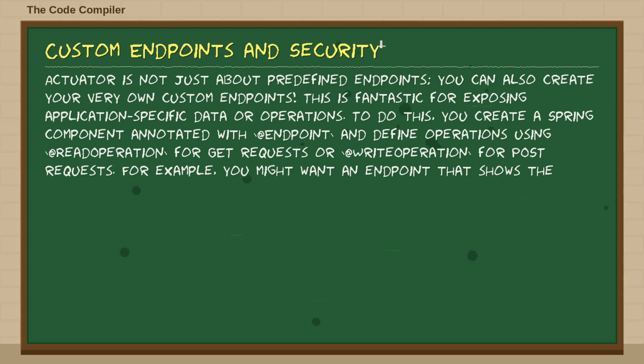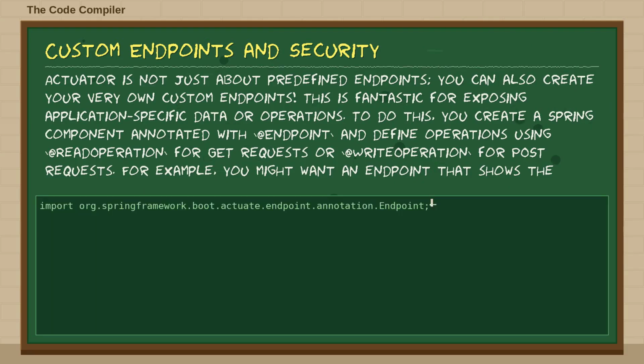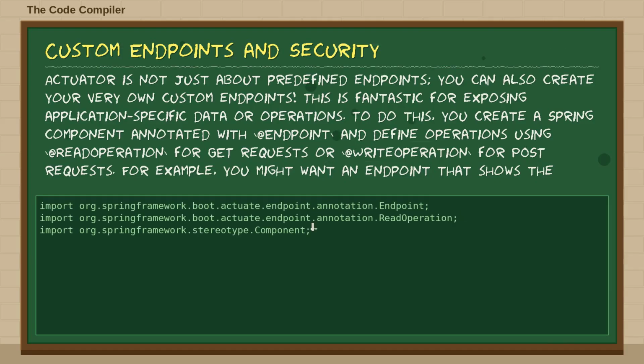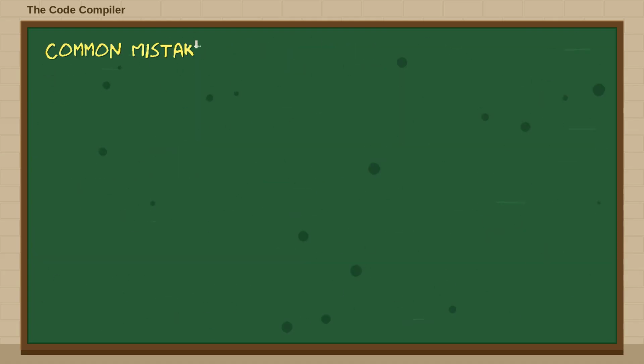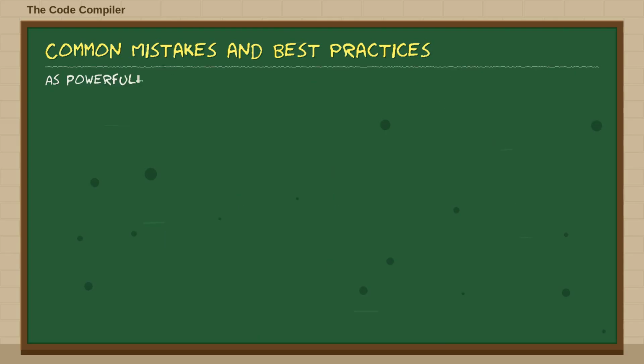You can also change the base path for all Actuator endpoints from actuator to something else using management.endpoints.web.base-path in your properties file. Never expose all endpoints in production without proper authentication and authorization.